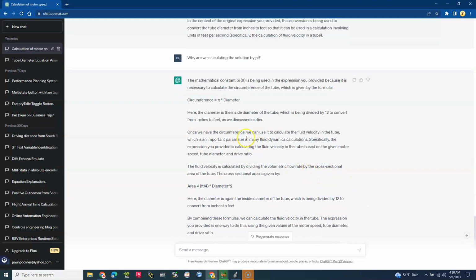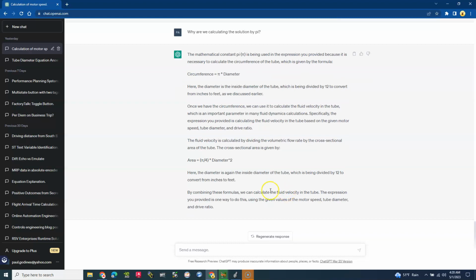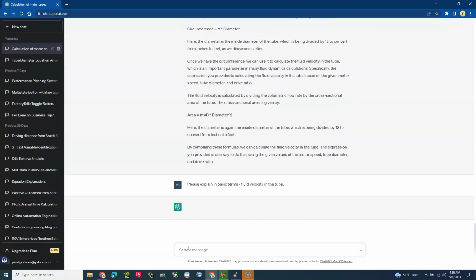If you don't understand the fluid velocity part, then you can say, please explain in basic terms fluid velocity in the tube. All right, what does that mean? What do you mean fluid velocity in the tube?